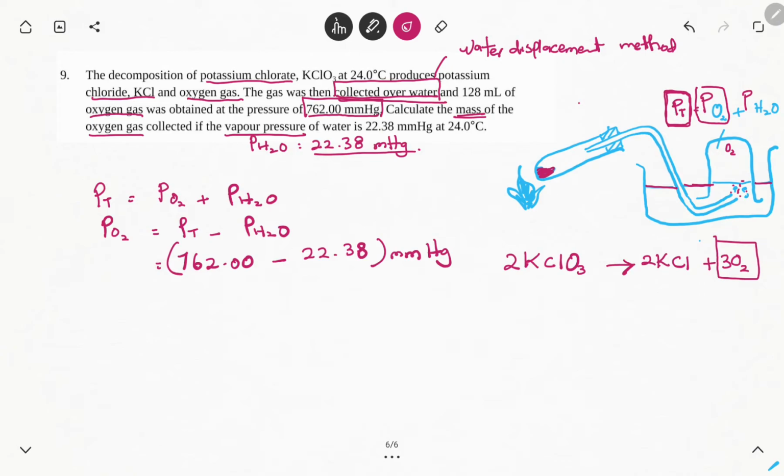If the question does not give the vapor pressure of water, you can refer to the constant values. Normally, the vapor pressure of water is given in the list of selected constant values. So we get the pressure of oxygen gas, 739.62 mmHg.